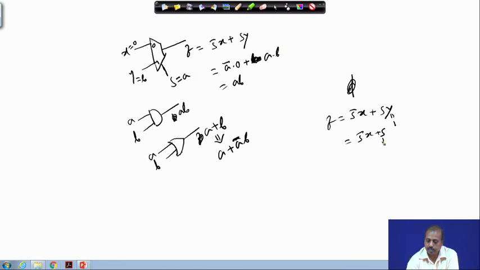Now, if you set s equal to A and x equal to B, then this is nothing but A plus A bar B.